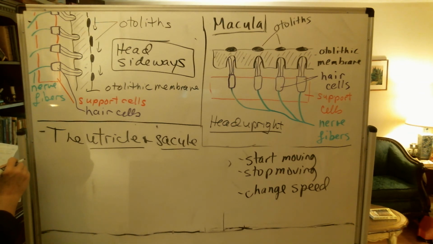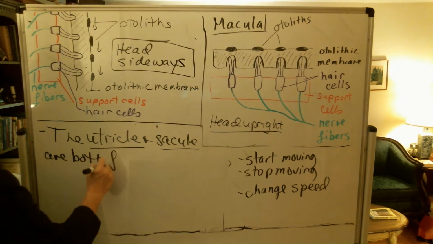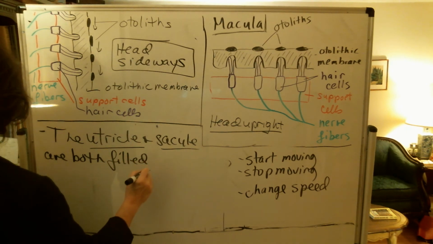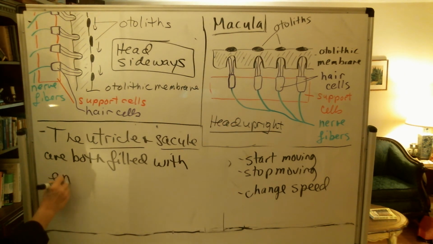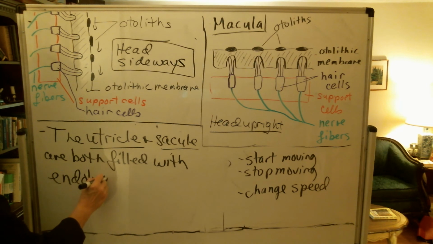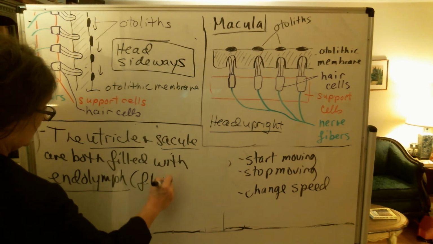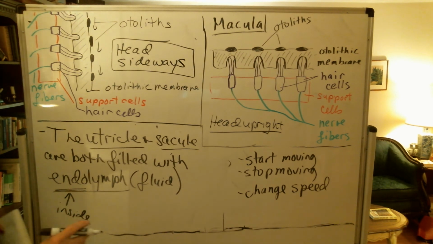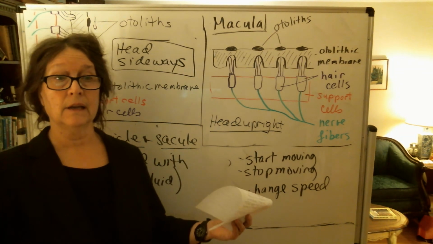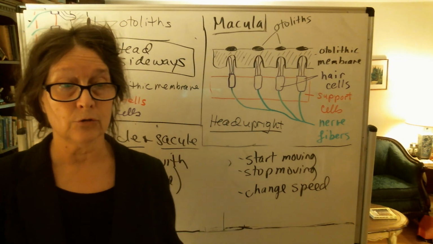And the utricle and saccule then are both filled with endolymph, which is a fluid. And just to remember one from the other, remember endo means inside, whereas peri means around the outside, like the periphery. So that's how you can remember that. And that is it for the utricle and the saccule.